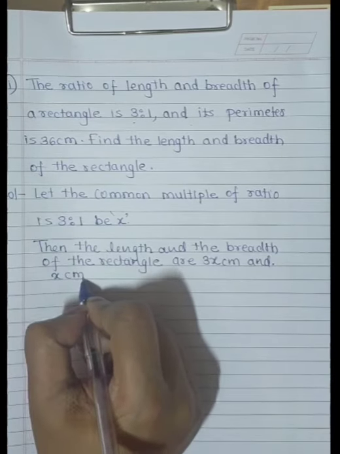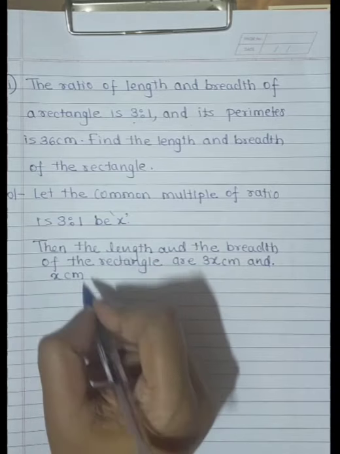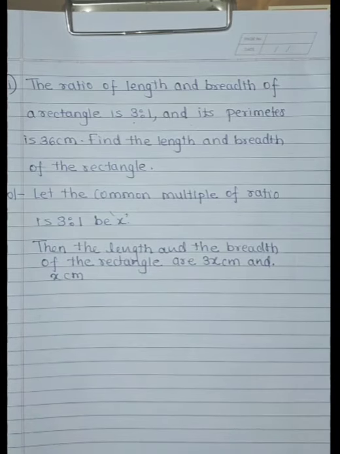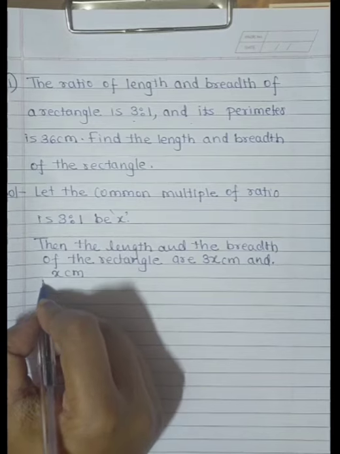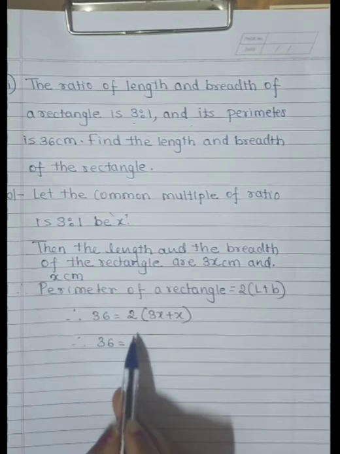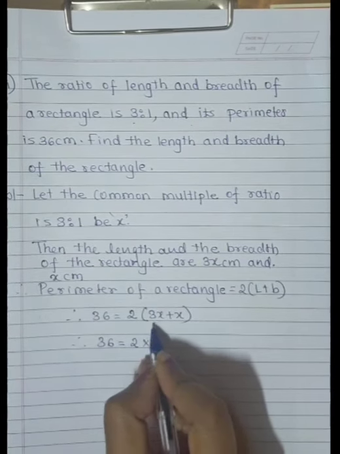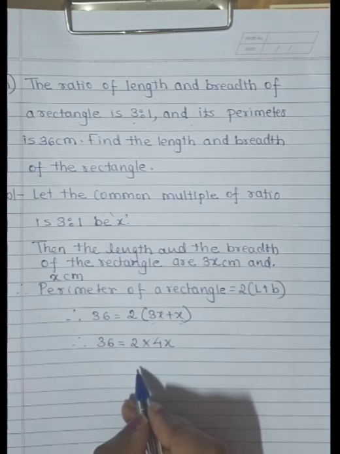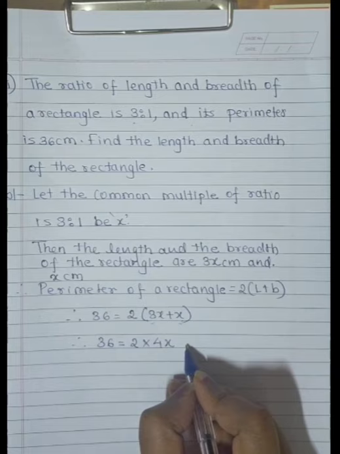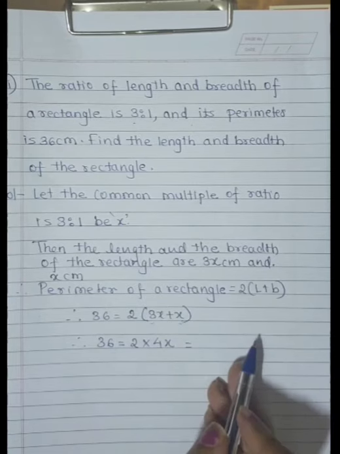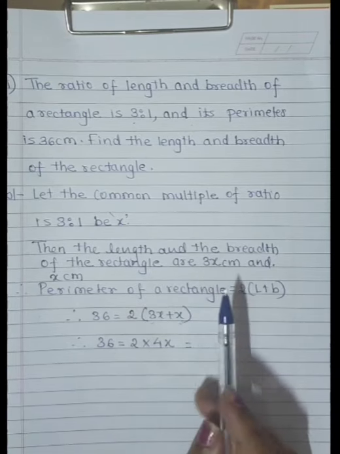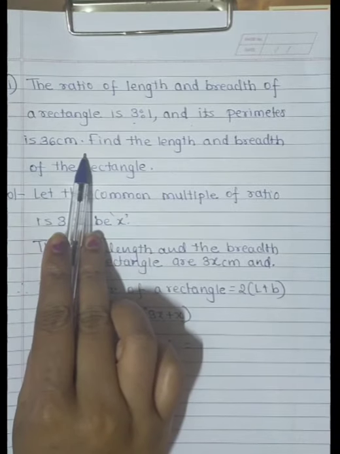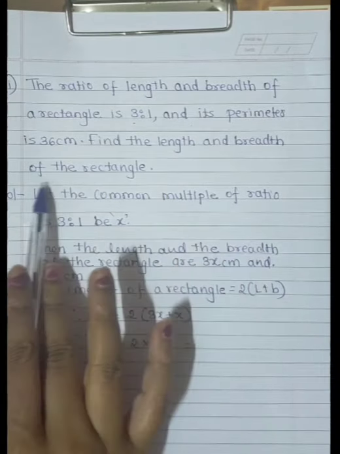By x 1 is given, so x centimeter. Now we will take the perimeter of the rectangle, now here what is given, 2 into, we add, we will get 4x. Okay, I hope you are understanding. Now next step is, what is given, 36 centimeter. Find the length and breadth of the rectangle.